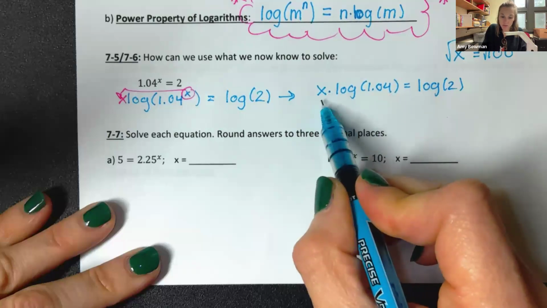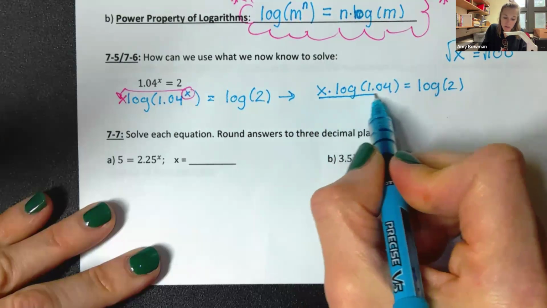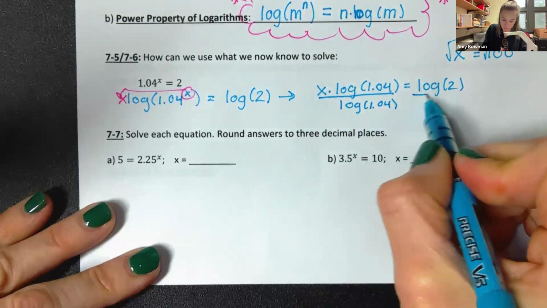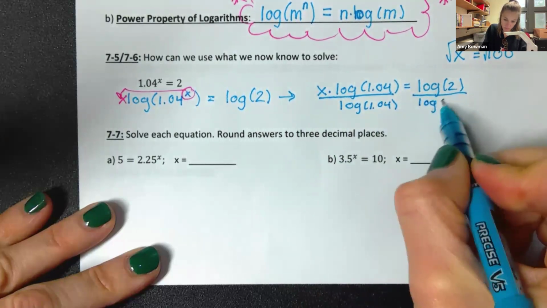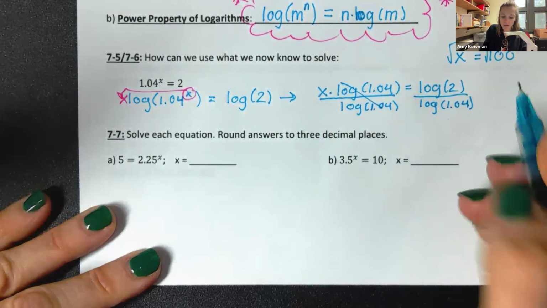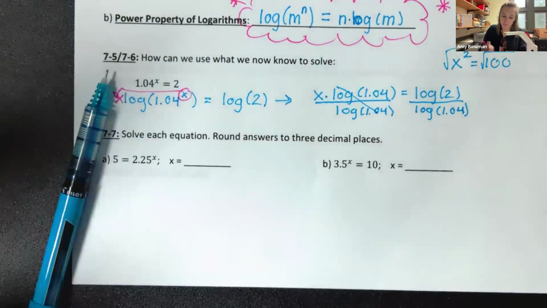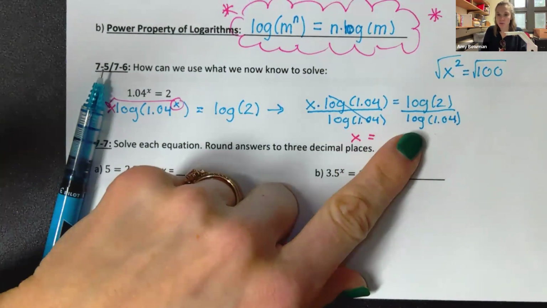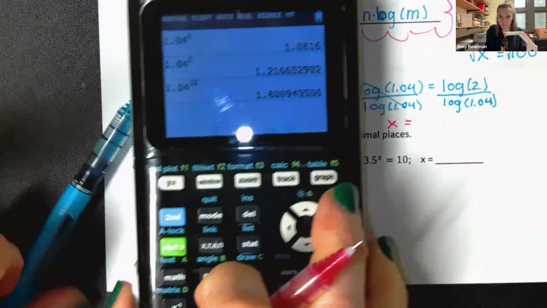So to get x by itself, we're going to divide both sides by log of 1.04. So on the left, x is now by itself. Then we just need to evaluate log of 2 divided by log of 1.04.